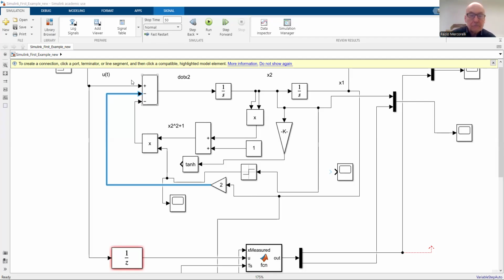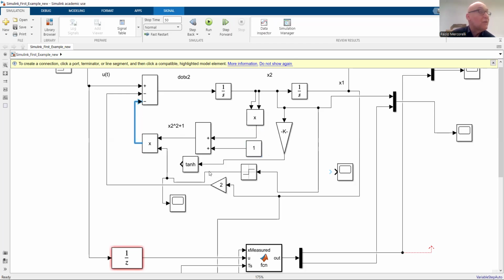Look, this is clear. What is this? This is exactly the Coulombian expression. We can see here that we have x2 squared plus 1. This is the static friction, minus in any case.